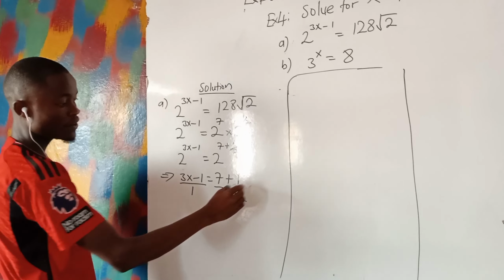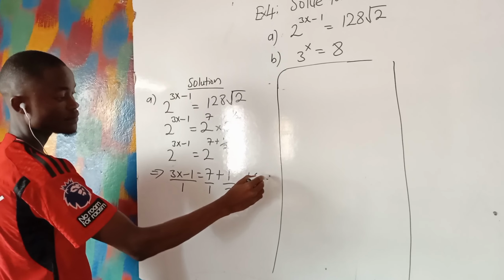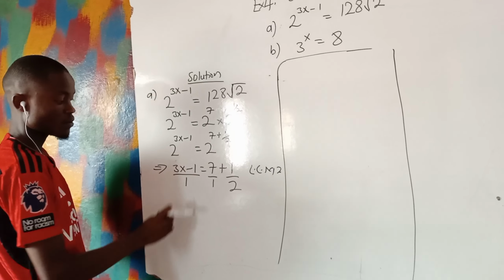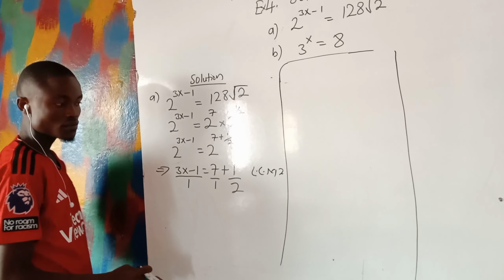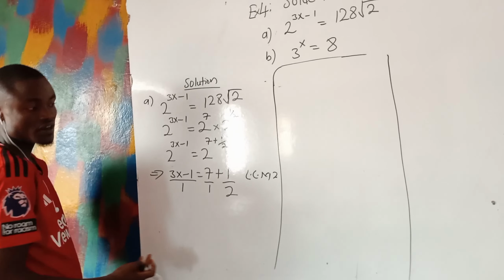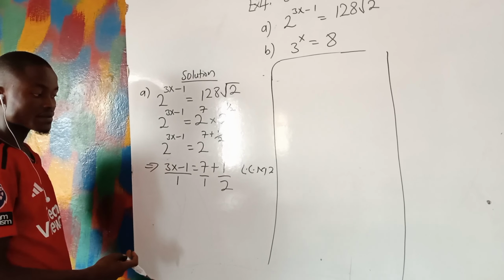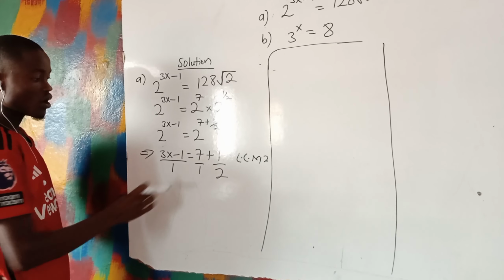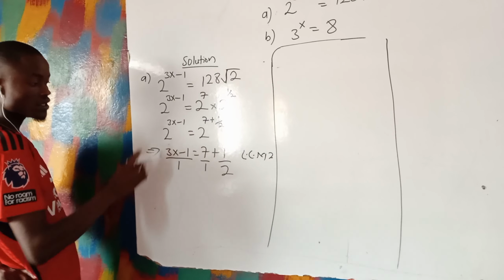So what will happen here? The LCM for 1, 1 and 2 is 2, because 1 can enter into 2 two times, and 2 itself can enter there. Are we getting it? So we take 2 and multiply on both sides of this equation.